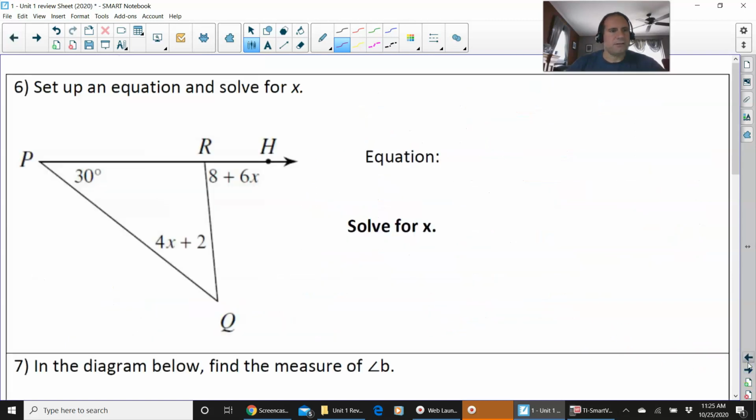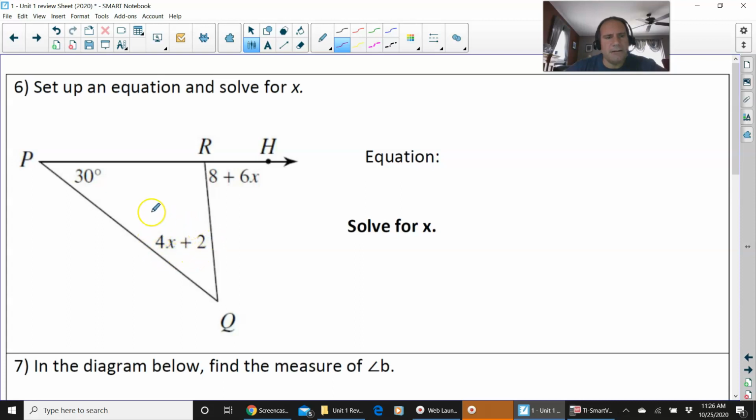So number 6 says set up an equation and solve for x. This one is a little bit difficult, right? We're looking at this question and we're going to be like, wow. We can go ahead and set up that equation. Let's see if we can set up an equation that kind of works. So there's something going on here with the exterior. This is the exterior outside.